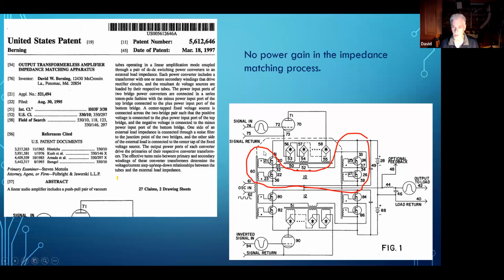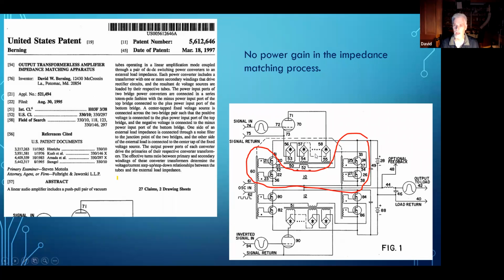But so this is like a push-pull type of scenario. You've got a tube up here which is fed a signal in this polarity. These are your 4 switches that I mentioned earlier. These are your rectifier circuits. And I use multiple rectifiers, not just one, for reasons of speed, and you can't get the fast rectifiers at high voltage.